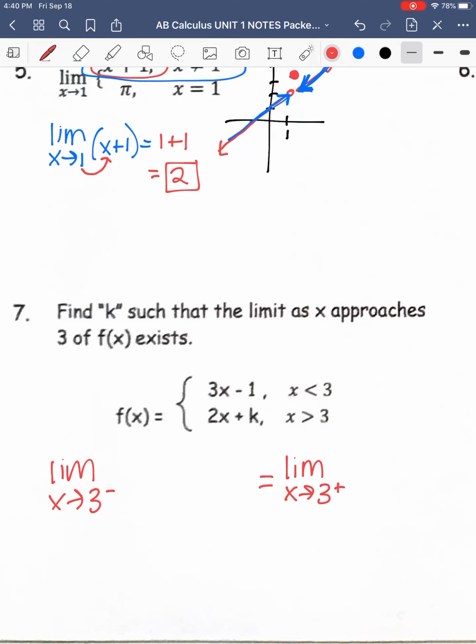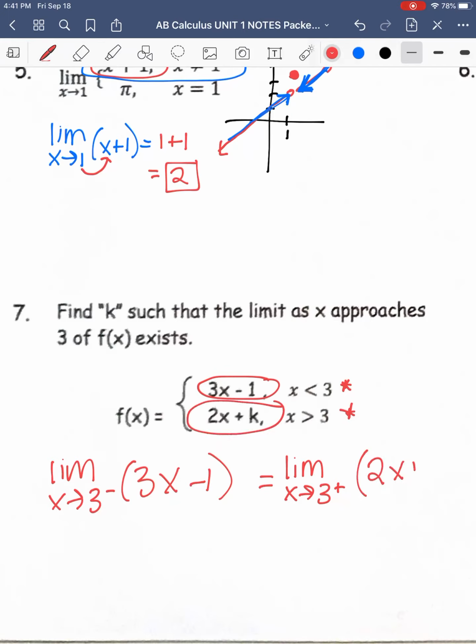If those two limits are equal, then the limit exists. So let's figure out which function to use where. From the left, we're going to use numbers that are less than 3. So we're going to use 3x minus 1. And from the right, we're going to use numbers that are greater than 3. So we're going to use the function 2x plus k.